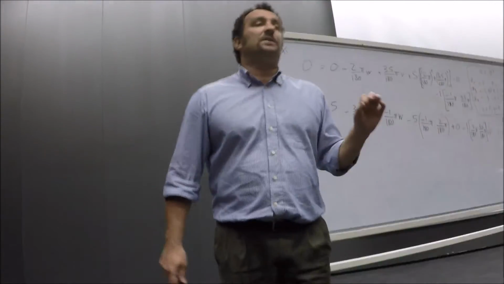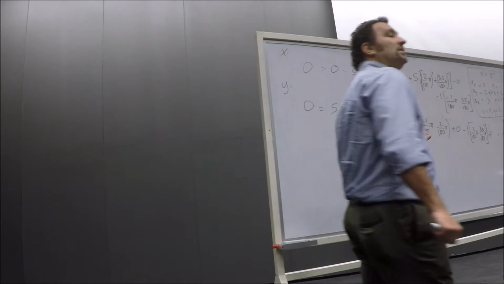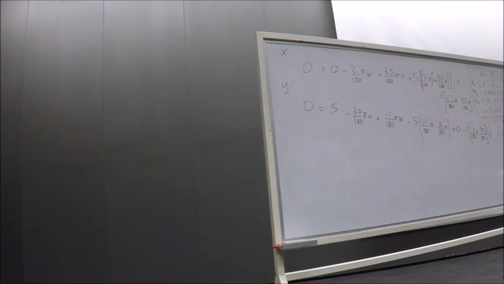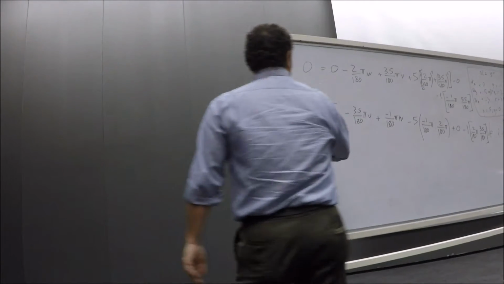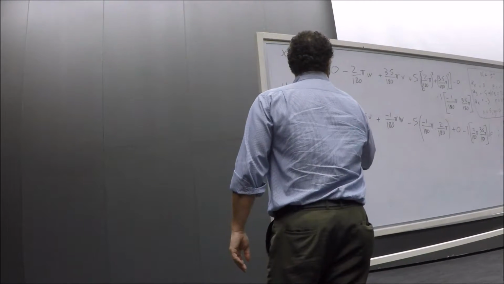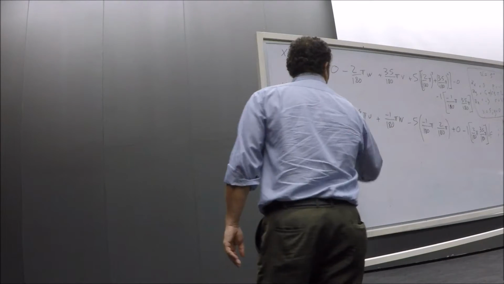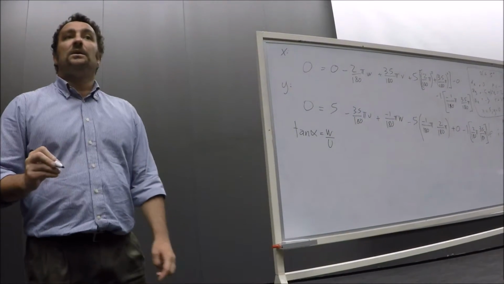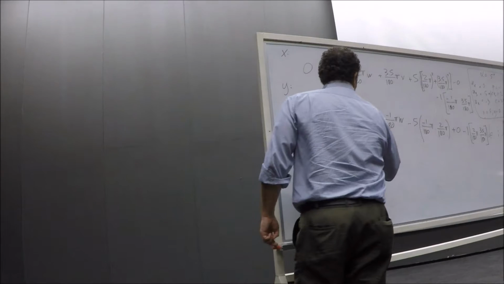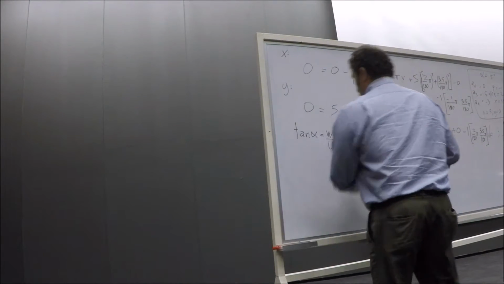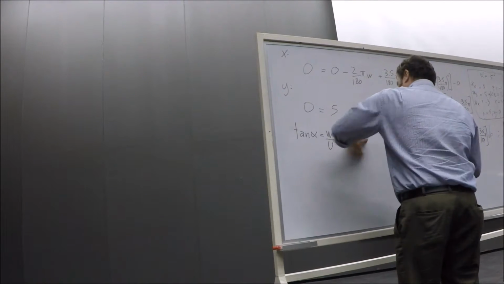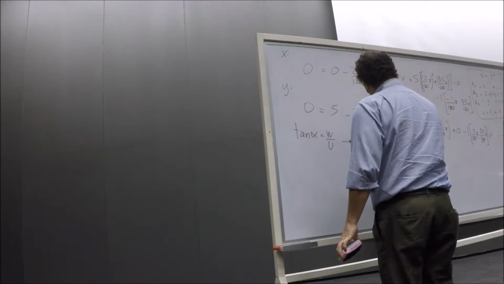What is that equation? Using the angle of attack, which is given in the question as 5 degrees. So we know that tangent of alpha is defined as W over U. Okay, so U is equal to... W is equal to U tangent of alpha.